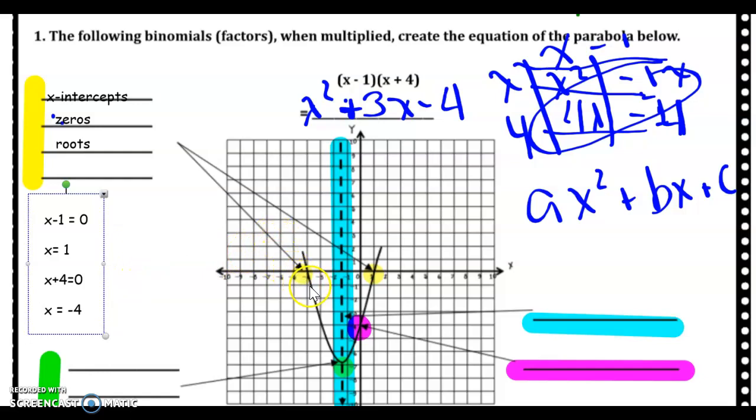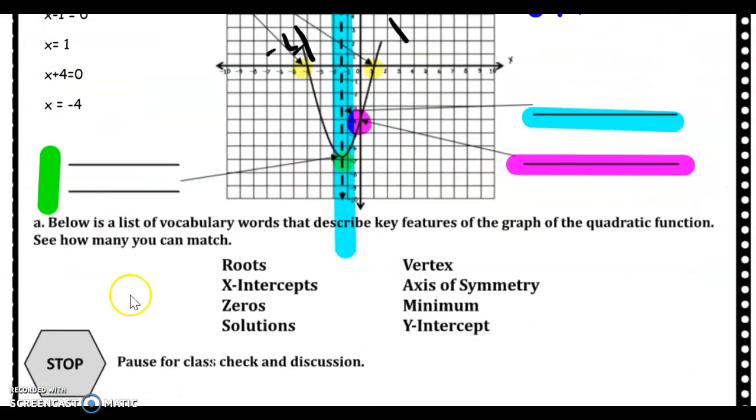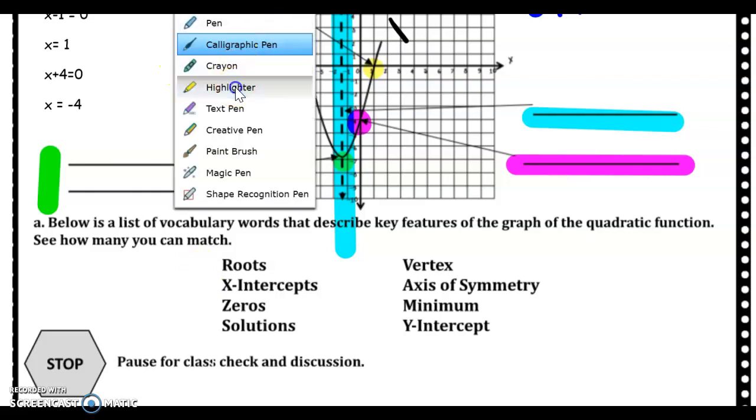So if you look on my graph where those yellow points are, you're going to notice that the first one is at negative 4, and the second one is at 1, which are our roots. And since I had to solve an equation to get my roots, we also call these the solutions. So if you look down towards the bottom of this sheet, you're going to see those 4 words all together.